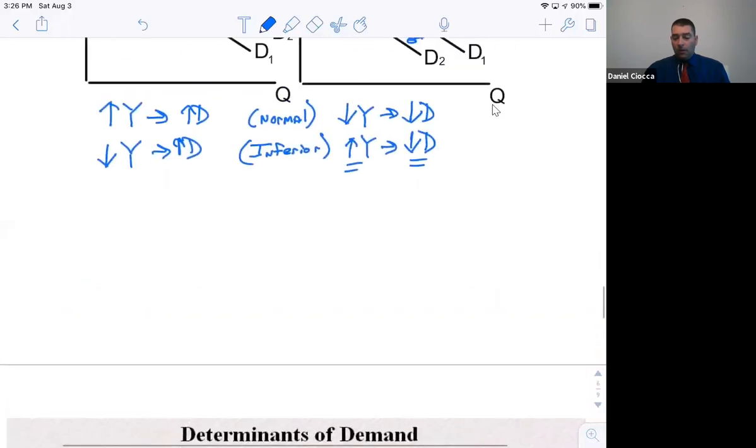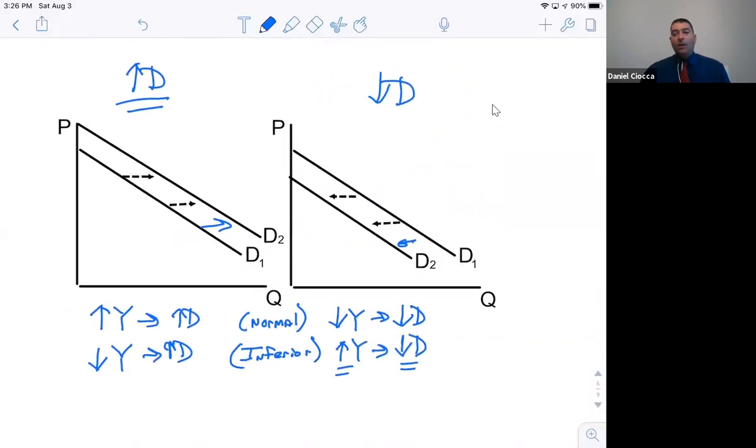So let's say we're taking a look at two products, paint and paintbrushes. If all of a sudden there's a decrease in the price of paint, how would that affect the demand for paintbrushes, even though paintbrushes haven't gone on sale?